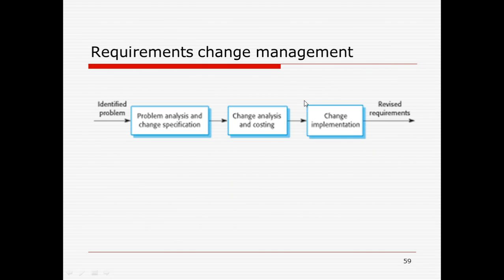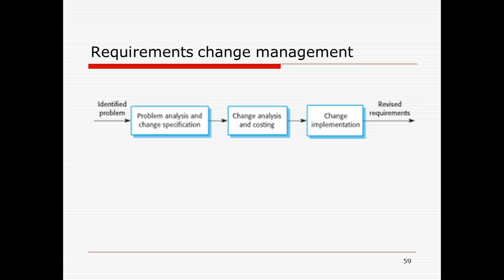The steps involved in requirement change management, as discussed in the previous slide, are given here. First, identify the problem, that is the change in the requirement. Then the problem analysis and change specification: it is analyzed against the software problem document to identify whether it is a valid change request.